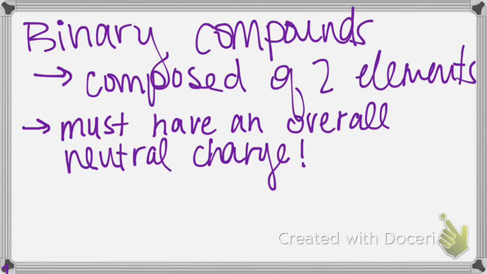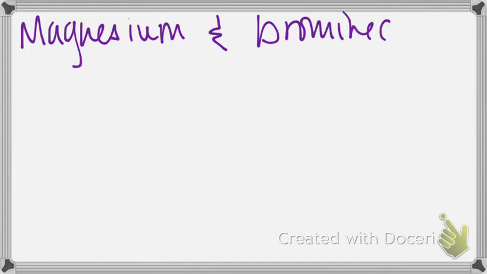But let's go ahead and try one. Let's say that I want to form a compound between magnesium and bromine. Or I'll just say bromide since we're going to use the charged version. Okay?